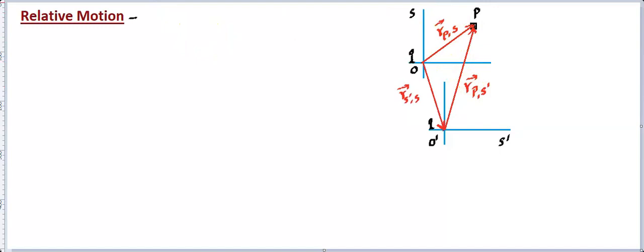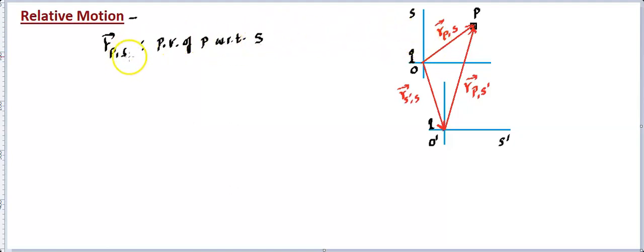When we write R P comma S, it means the position vector of point or object P as seen from, or with respect to, the O frame, or you can say the S frame.